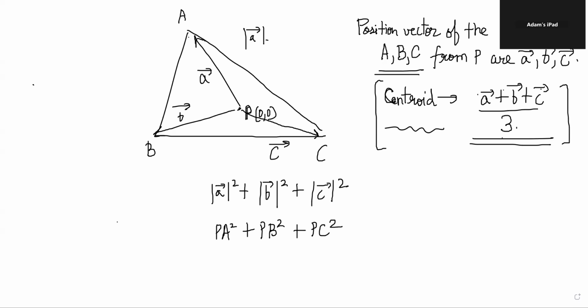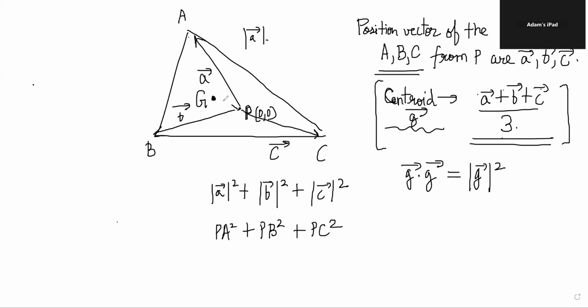So PG, this is the G coordinate. G vector is A plus B plus C by 3, right? If I need P to G, it is from the origin to G. So what I need is G dot G, because that is going to be mod of G square. Centroid is somewhere here.